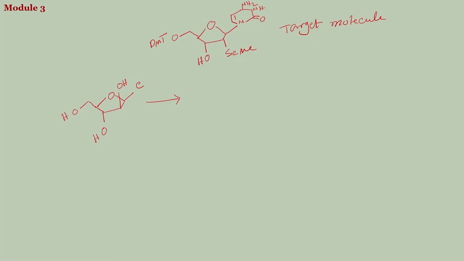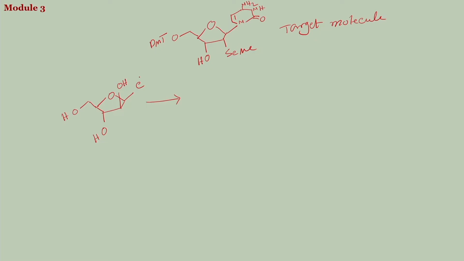So, first thing you have to do, as we have talked, is that if you have a nucleobase, in order to make sure that they do not participate in any reactions that you intend to do on the sugars, you protect the reactive functional groups of the bases.